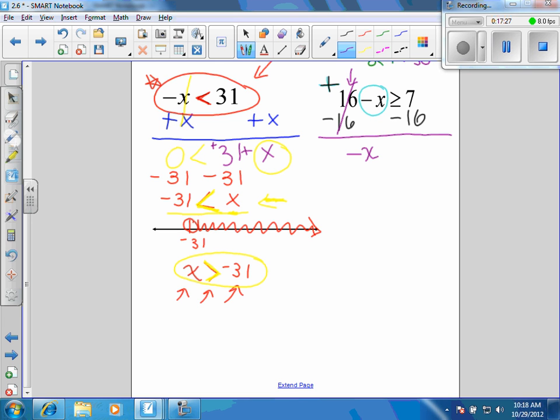Even though it was subtract x, you're going to think of it as negative x. And then you have greater than or equal to what? Negative 9. Okay, so now you have to make it a positive x, because we always want to start every answer as x is something.